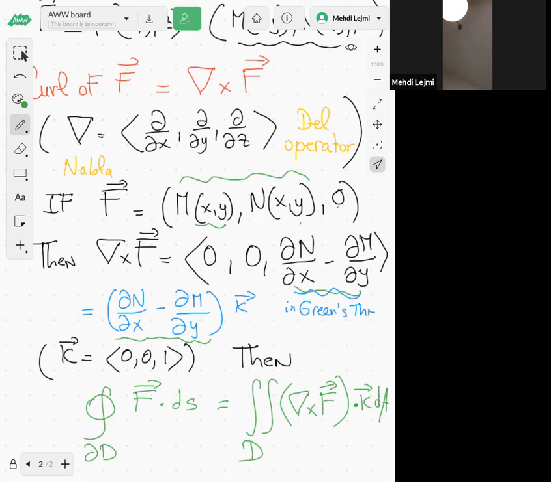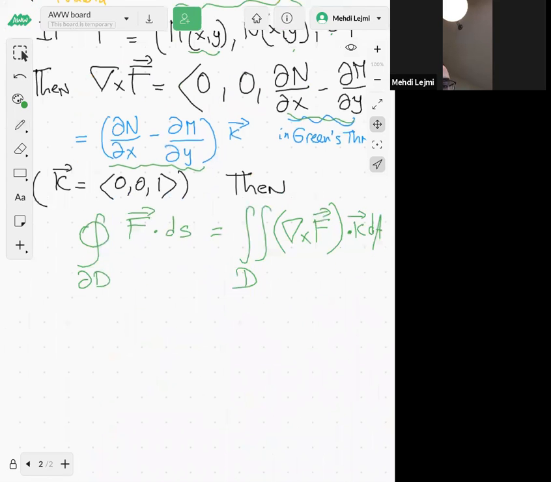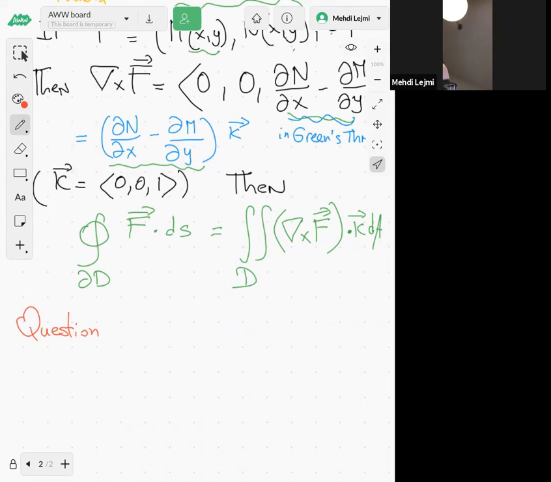So the question is, what about a vector field in space, f in R3?